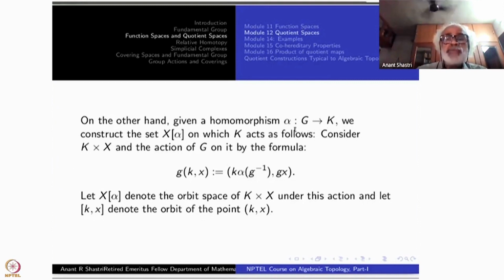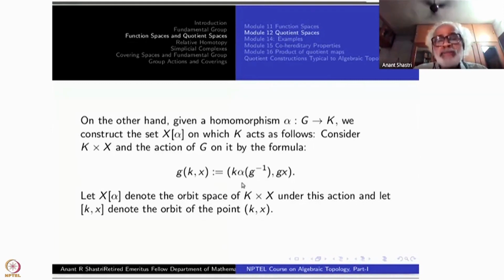You can think of G acting on K by this formula: g takes k to k times alpha(g) inverse. Alpha(g) inverse is an element of K, so I am multiplying them inside K. On the other side, take just the action of G on X.